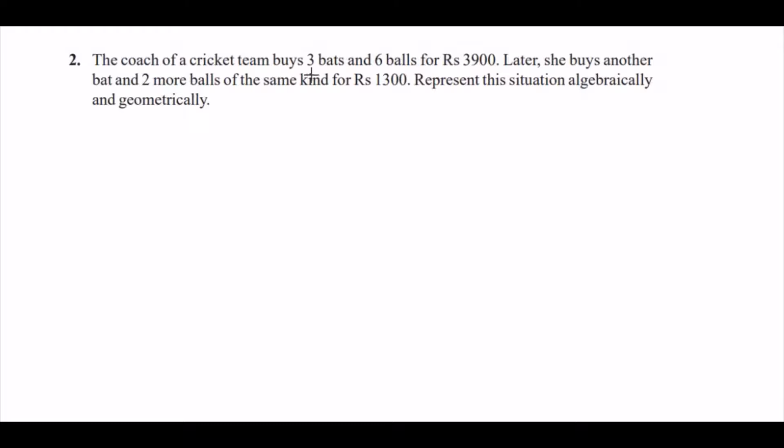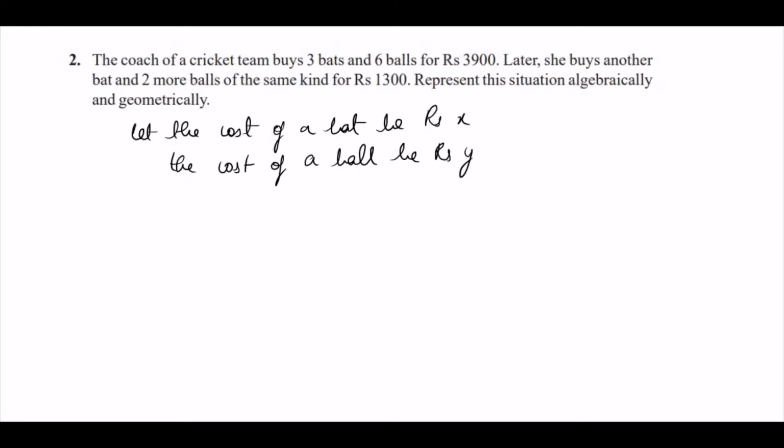So here in the question it's given, the coach buys 3 bats and 6 balls for rupees 3,900. So let's represent the cost of 1 bat as rupees x and 1 ball as rupees y. That is, let the cost of 1 bat be rupees x and the cost of 1 ball be rupees y.